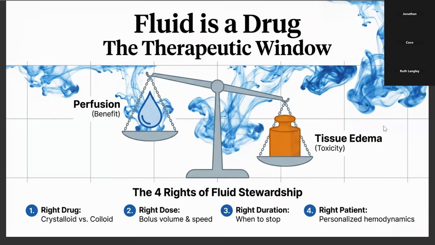So what you've got to remember is that fluid is a drug, and we are trying to balance between perfusing the patient's organs, so that's the benefit they may or may not get from fluids, and not give them tissue edema, which is the toxic side of it.